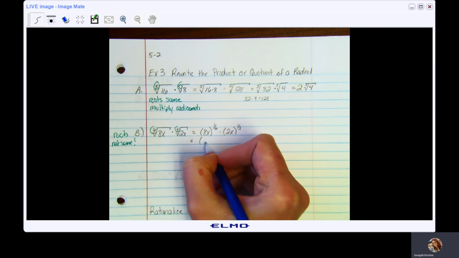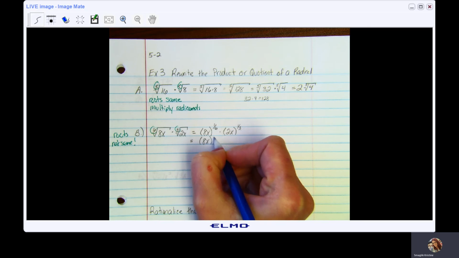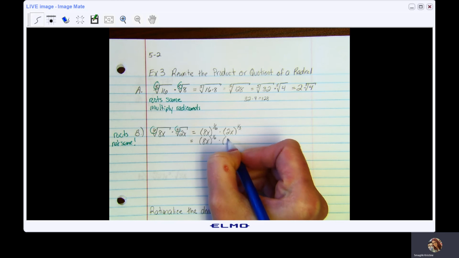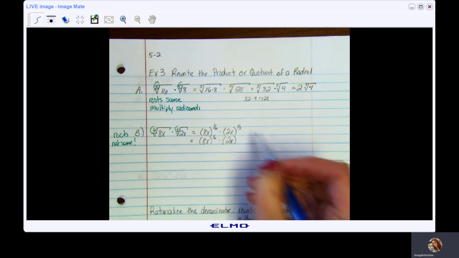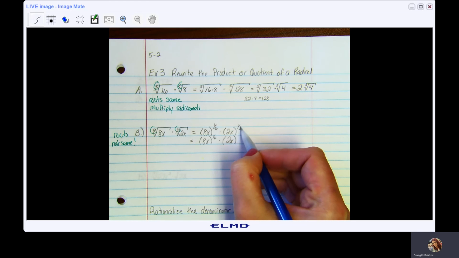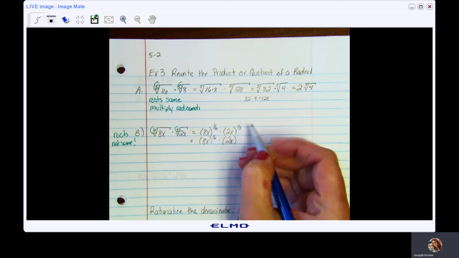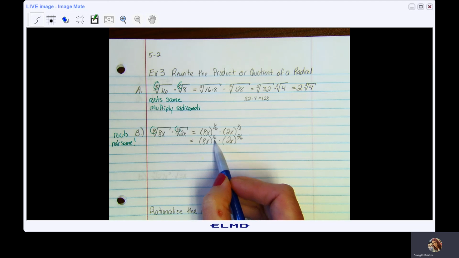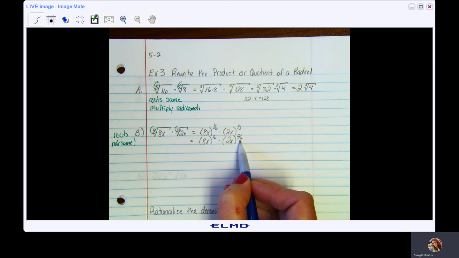So now I'm going to have 8x raised to the 1/6 power times 2x, and again, I'm not going to show this, I'm just rewriting this fraction as 2/6. They are equivalent so that my denominators are the same.